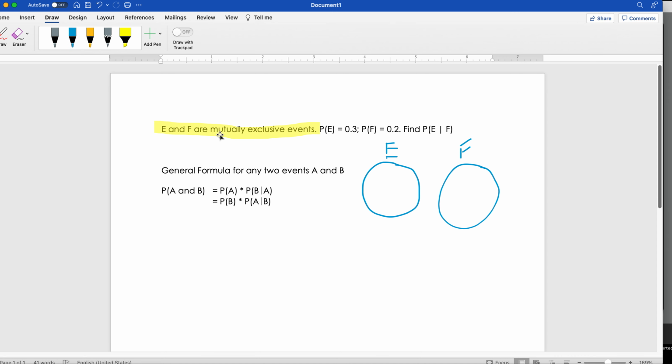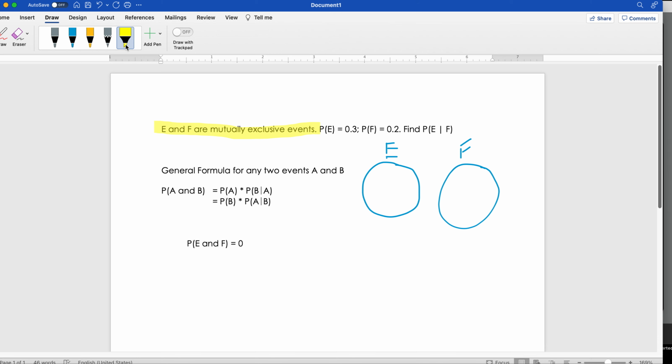Even though it doesn't explicitly say it, we can add to this problem of what we know. We know that the probability of E and F happening is going to be equal to 0. It's impossible for those two to happen at the same time. So that's one piece of information that we know.